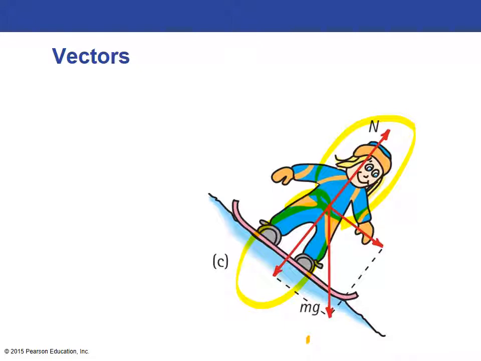So that means that there's the downhill component of this one. That is the force. It is one component of the downward force, and it's what's left over that is giving her a change in velocity to go down the hill.